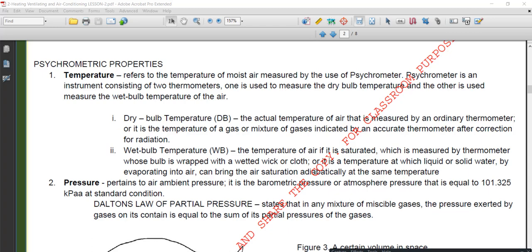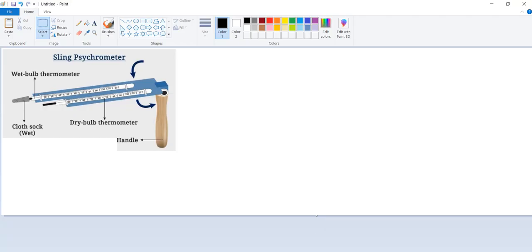I will show you what it looks like. This is the sling psychrometer. We have the wet bulb temperature and the dry bulb. It is called the wet bulb because you have a wetted cloth here.